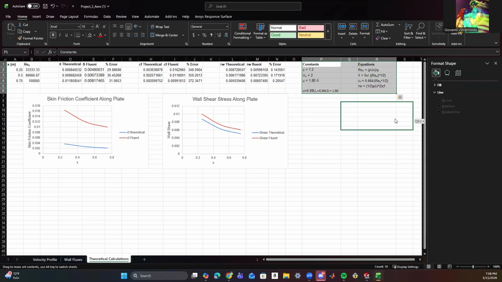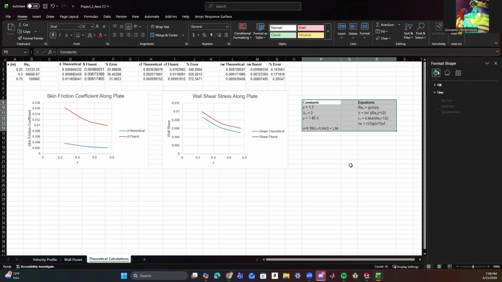Move this over here. We have to find the plate Reynolds number, right? Plate Reynolds number, we're going to call that, the length of the plate, I forgot to mention, is one, right up there. And then the Reynolds number is going to be kind of similar, except instead of X, it's going to be L, right?